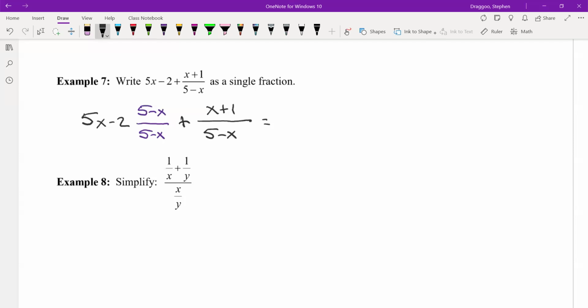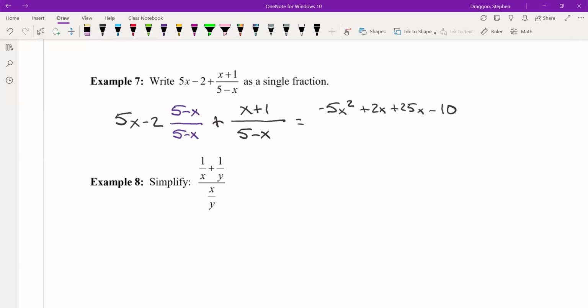Looks like we'll need to FOIL that out on the left side. So let's do that. Doing so is going to get us a negative 5x squared plus 2x plus 25x, and finally minus 10.